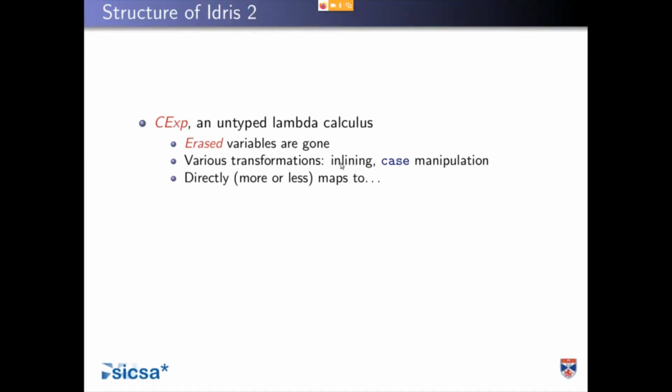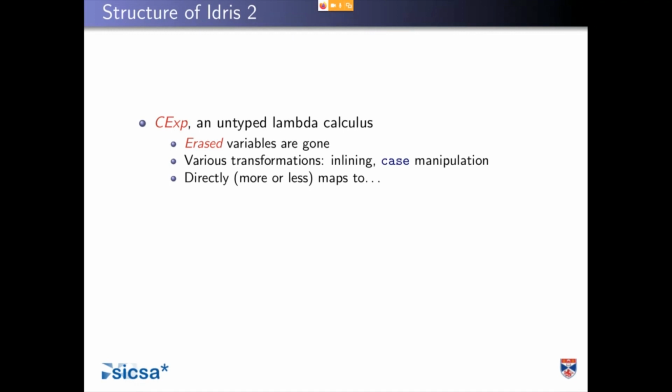If you're interested in seeing how functional languages are compiled, you'll see that inlining is an unreasonably beneficial optimization. It has a huge effect.